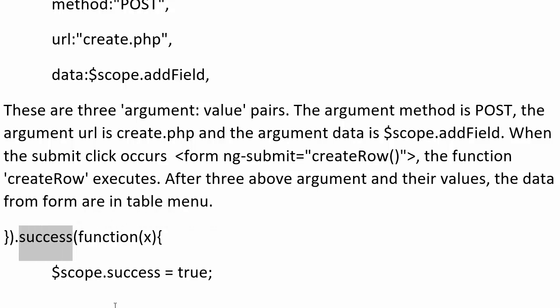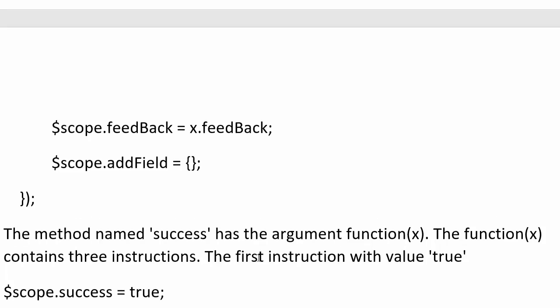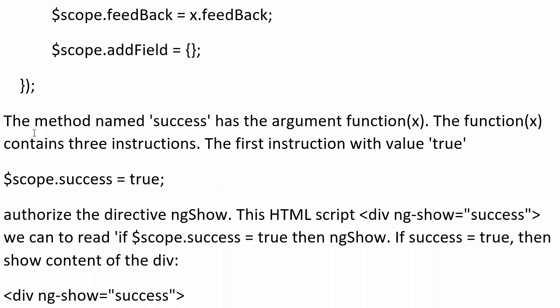Now, after that, if all is okay, following is this script. The method named success has the argument function fx. The function fx contains three instructions.